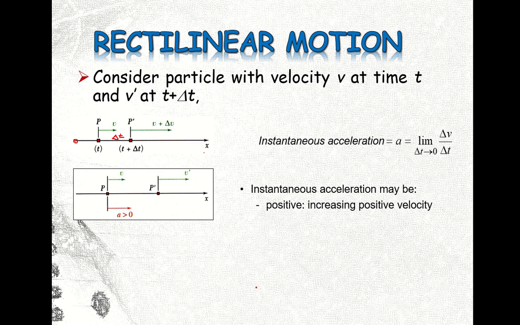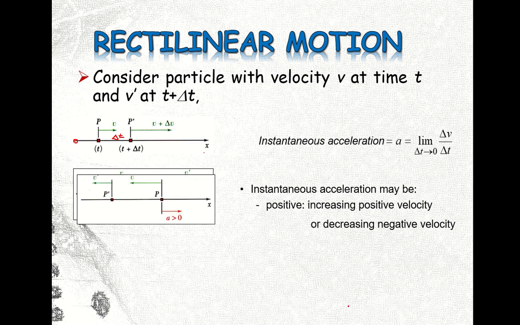All right. We also have decreasing. So in this scenario, this is decreasing. You see, we have our acceleration is positive, a is greater than 0, but look at the velocity here.